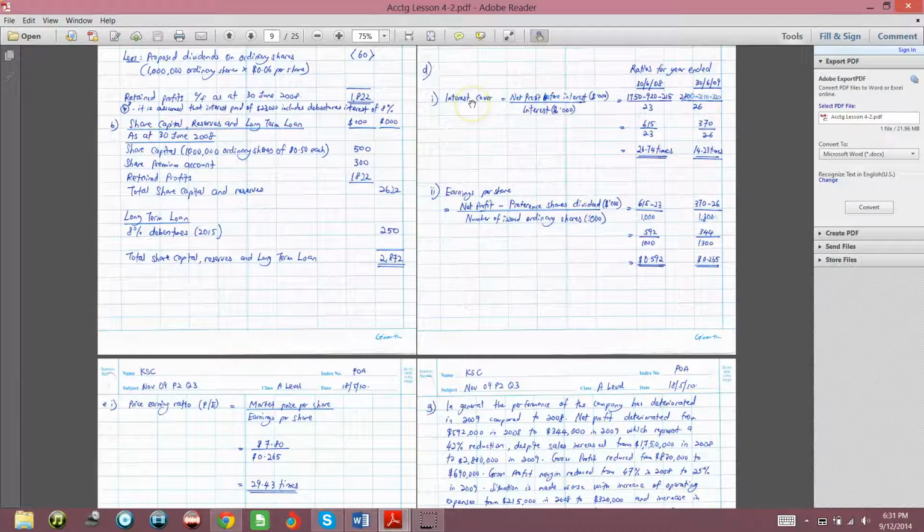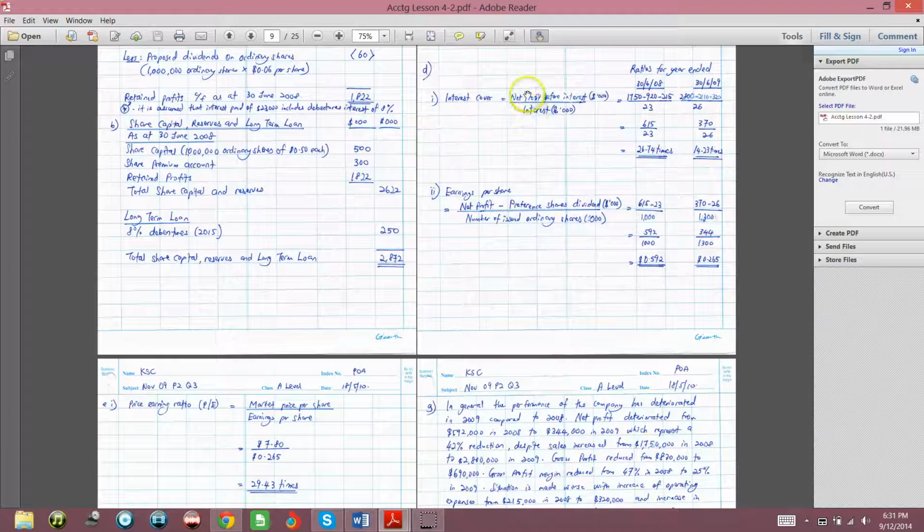Like for example, part D, part 1. The question says calculate the following ratios for each of the 2 years ended 30 June 2008 and 2009. In subsequent chapters, in the specific lesson for ratios, I will explain all the ratios thoroughly to you. But meanwhile, in order to answer these questions, just copy the formula from the syllabus guide for all these ratios.